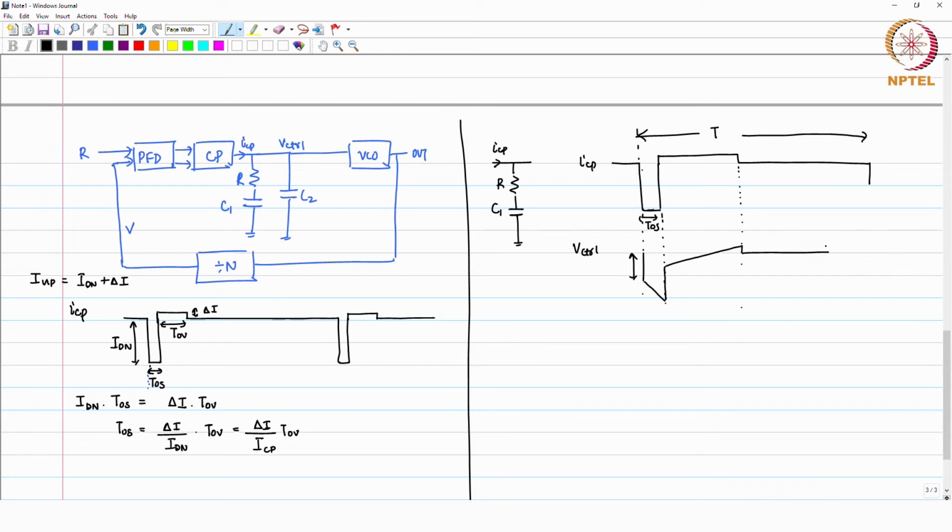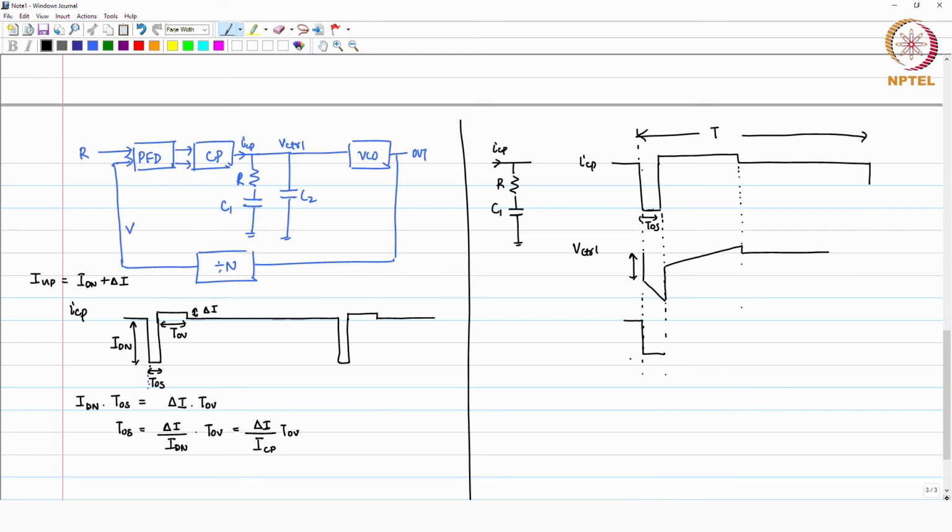Okay. This is what will happen if you have this loop filter. If you want to look at it, you look at it in two parts. One, the V control which you are going to have is only the ICP R jumps which you see. So, one is like this.